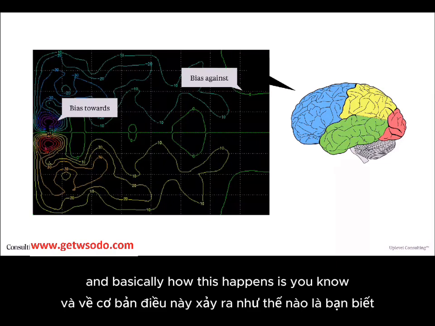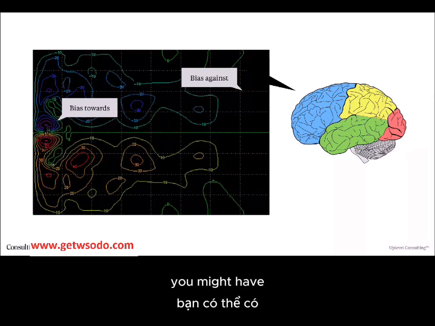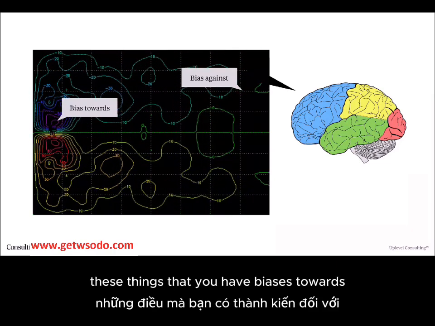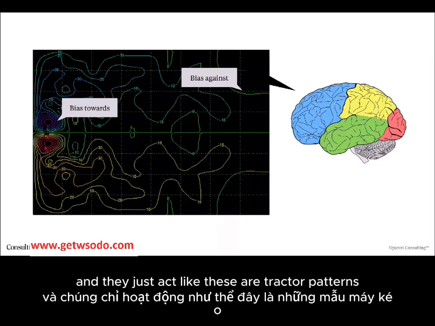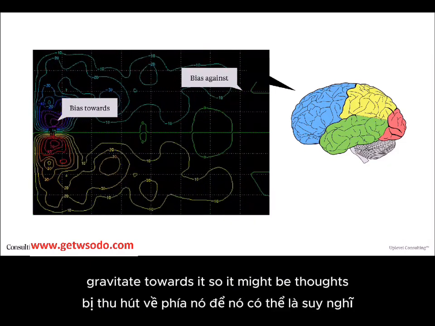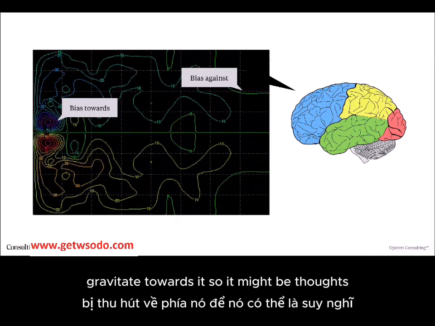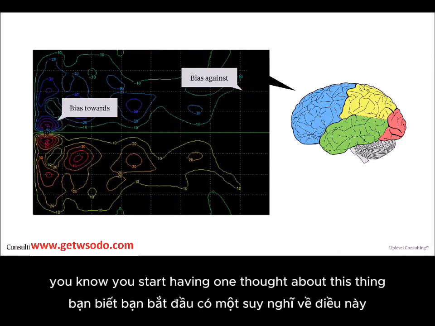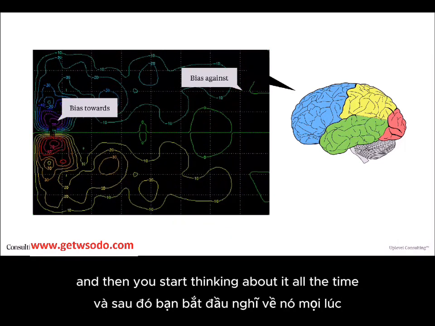And basically how this happens is, you might have these things that you have biases towards, and they just act like these attractor patterns, and it just pulls, and it just makes all of this stuff gravitate towards it. So it might be thoughts, you start having one thought about this thing, and then you start thinking about it all the time.